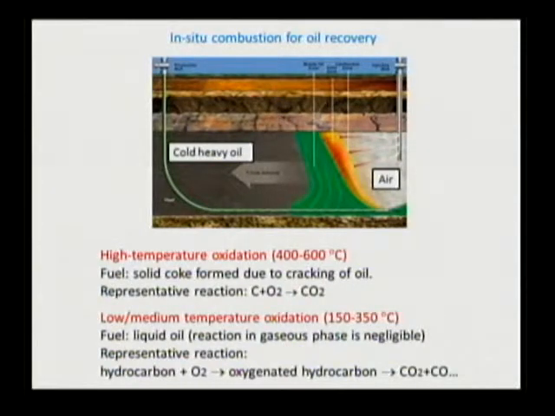It leaves some heavy, or some solid remainder, the coke, and the coke is reacted. And at lower temperatures, coke is not formed, so the reaction is really with a liquid oil, or it can be in a liquid or gas phase. There is a kind of dispute about this, but we assume that it's in liquid phase.